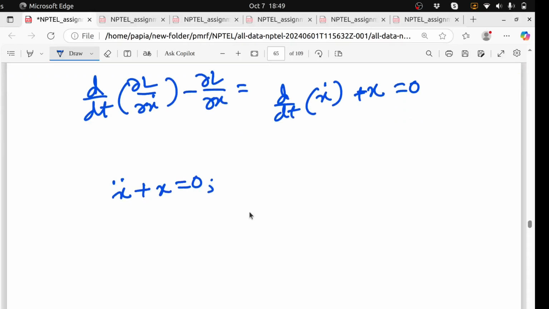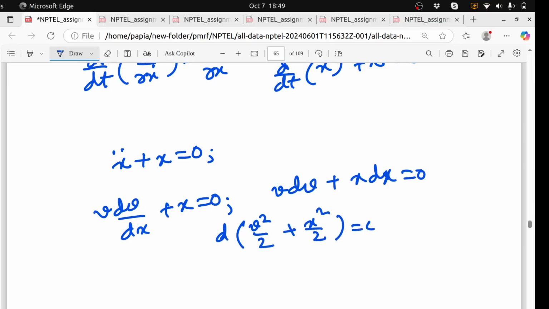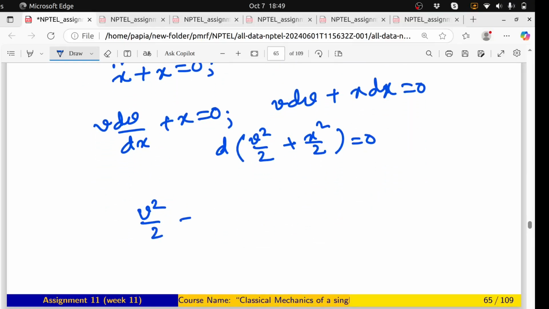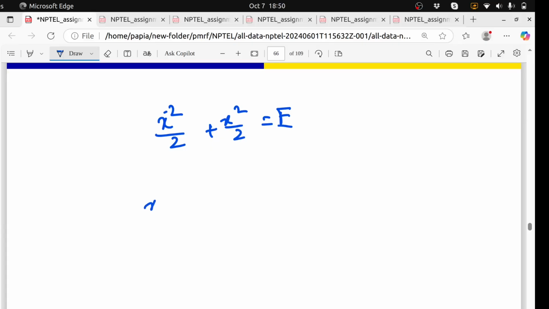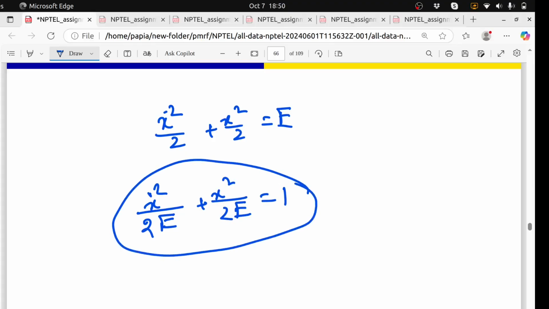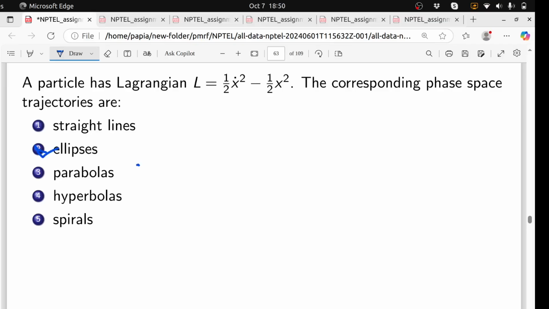So we can write it as some constant. Let's say I'm talking about it as E. So this is the equation of ellipse, right?